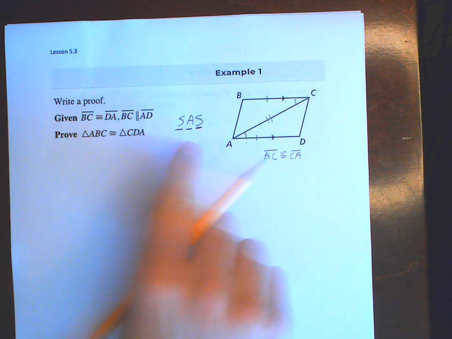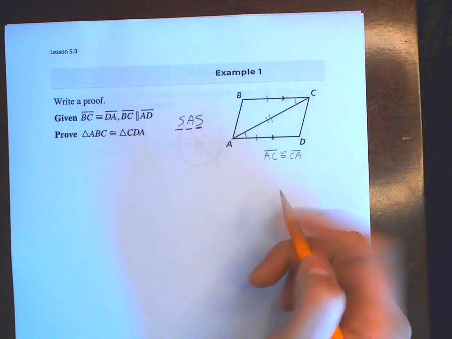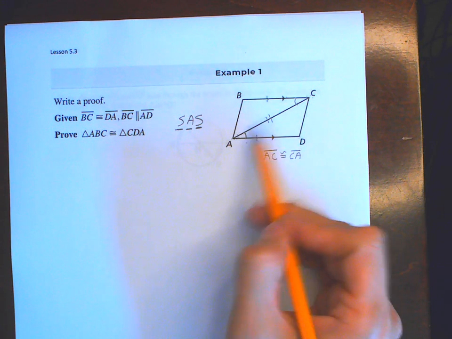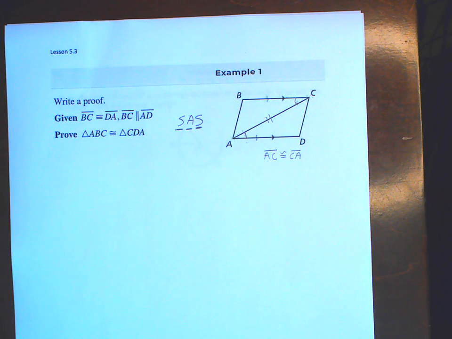The first one was given to me. The other two I deduced based on my prior knowledge about the reflexive property of congruence and alternate interior angles. So if you're having a difficult time remembering alternate interior angles, please go back and check your notes in chapter 3, because that's when we covered parallel lines cut by transversals.